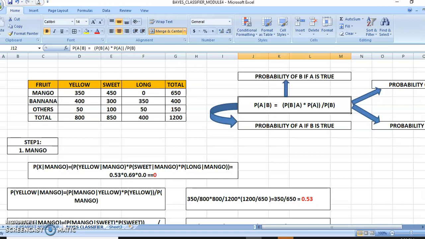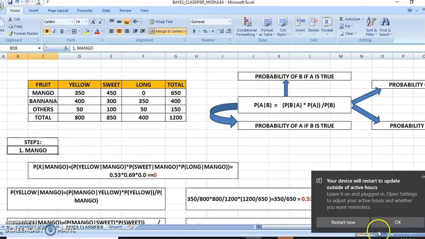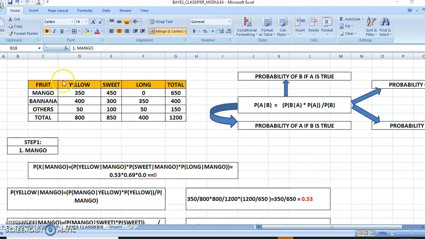To do that, your very first step is to find this set of probabilities for the fruit called mango. When you are finding for a mango, always keep in mind that mango is an encapsulation of all three things together: probability of yellow being a mango, probability of sweet being a mango, probability of long being a mango.